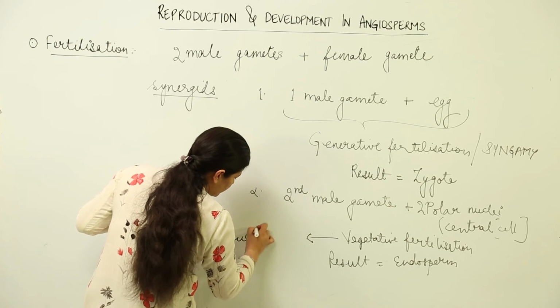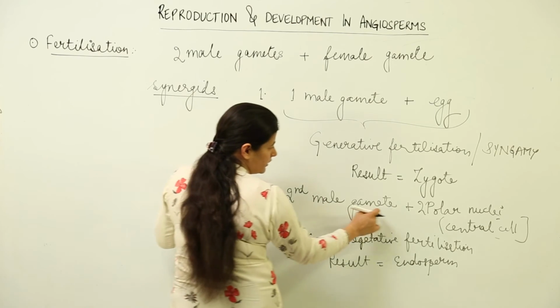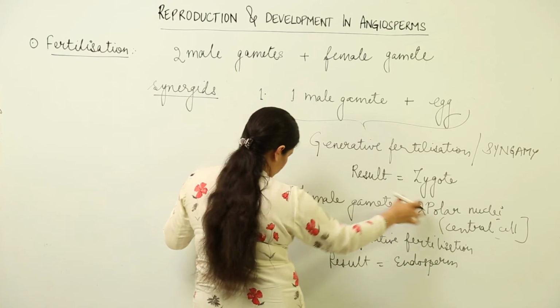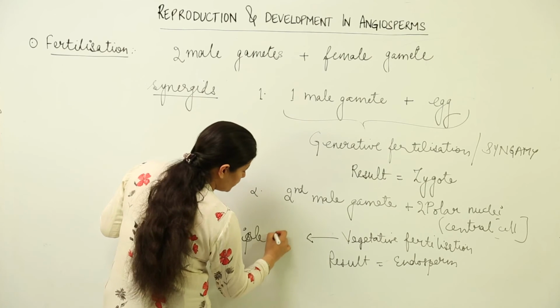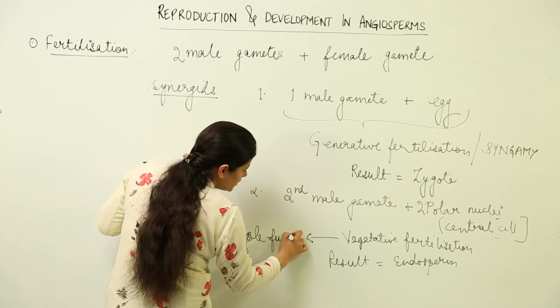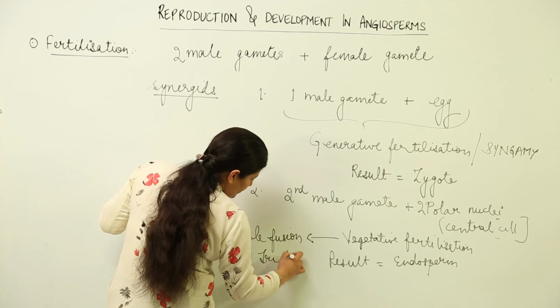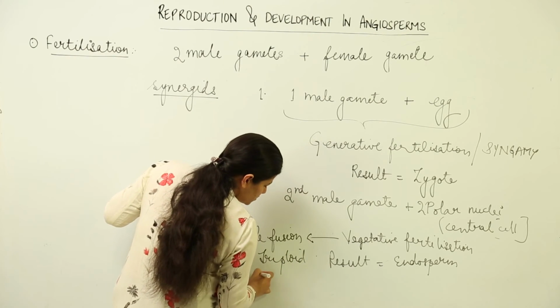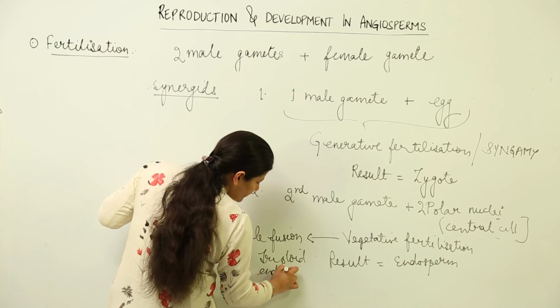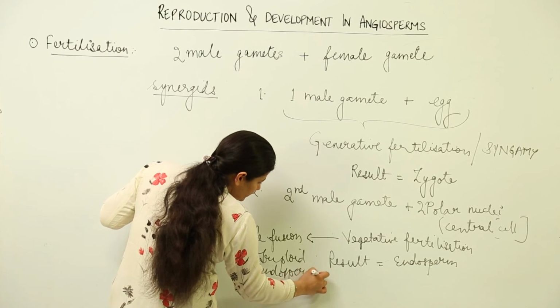Now why is it triple fusion? As you can see, there are going to be 3 nuclei which would combine and a triploid would be formed. Triple fusion giving rise to a triploid endosperm, and hence the term triple fusion.